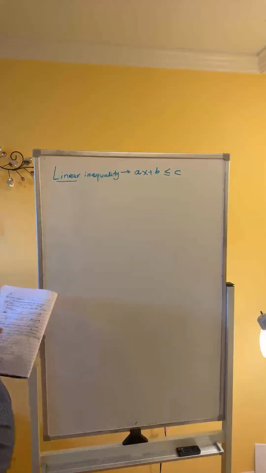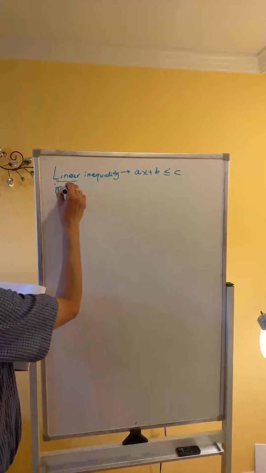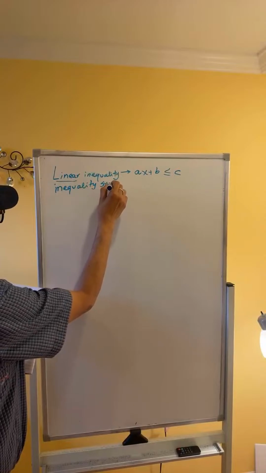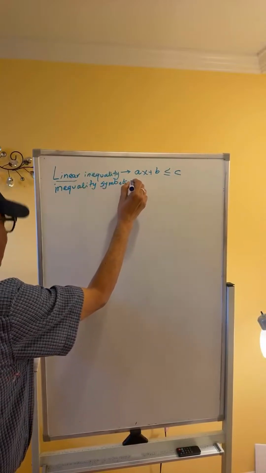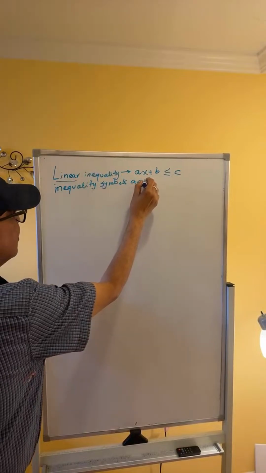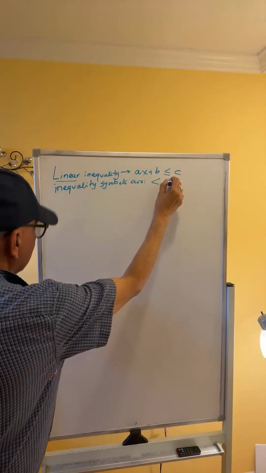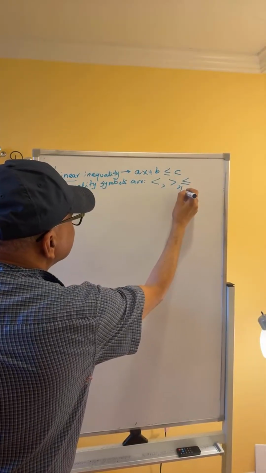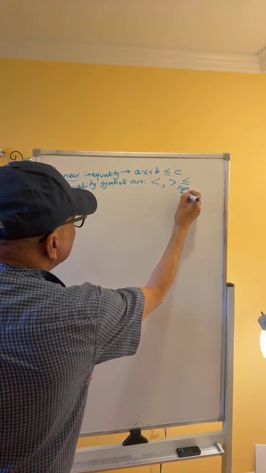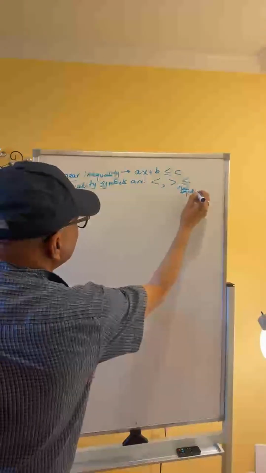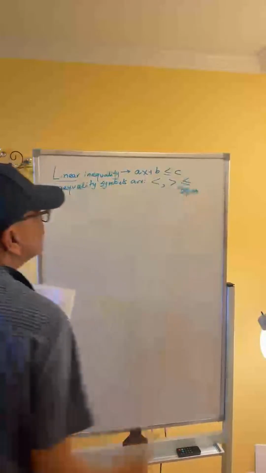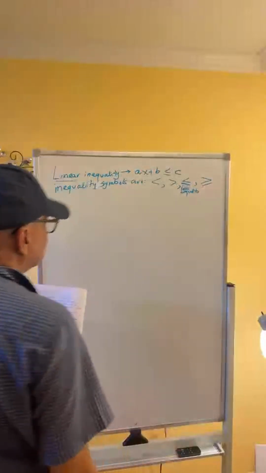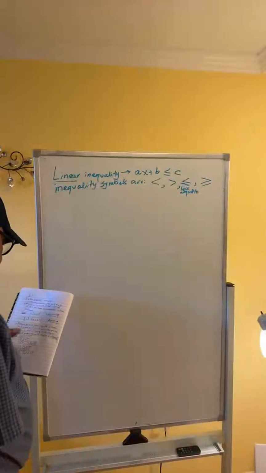The inequality symbols are less than, greater than, less equal to. This is read as less or equal to, the equal to portion. And the other one can be greater or equal to. Always "or".